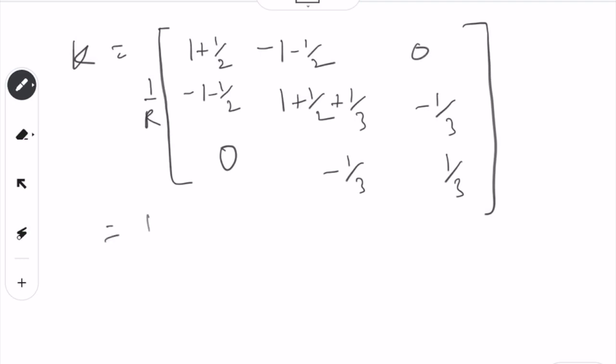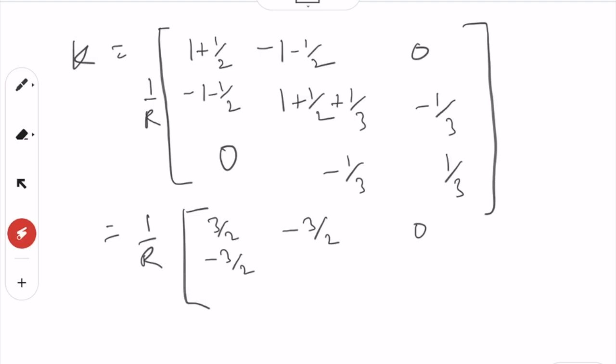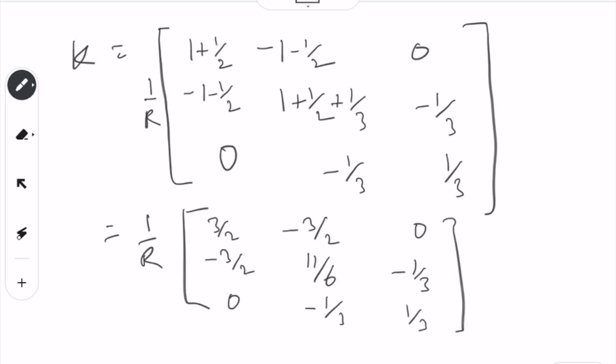Yeah, so equal to 1 over R, and we get 3 over 2, minus 3 over 2, 0, minus 3 over 2, and here we get 6, and then 6 plus 3 plus 2, that is 11, right. Okay, 11 over 6, so we get 11 over 6. And then after that we get minus 1 over 3, similarly 0, minus 1 over 3, 1 over 3, this way. Okay, so done.